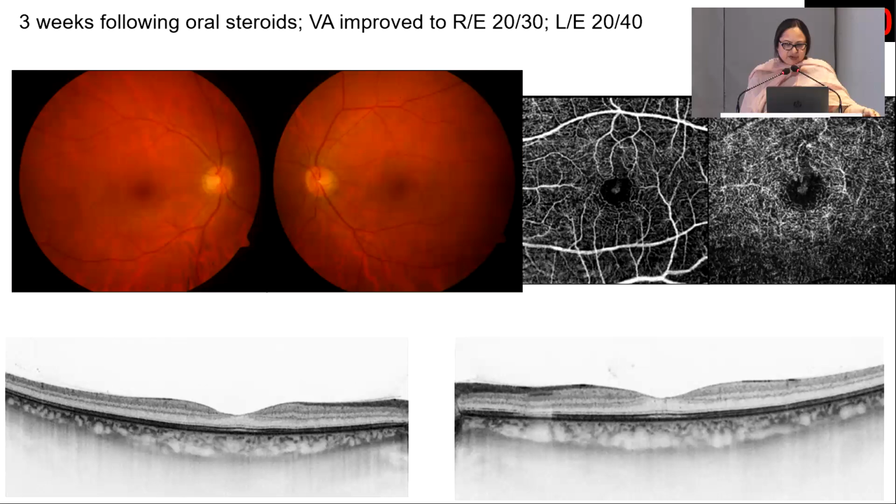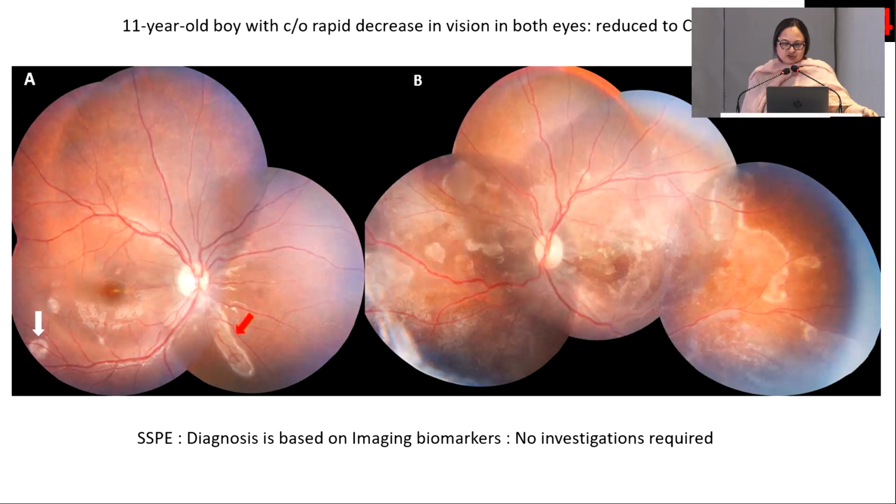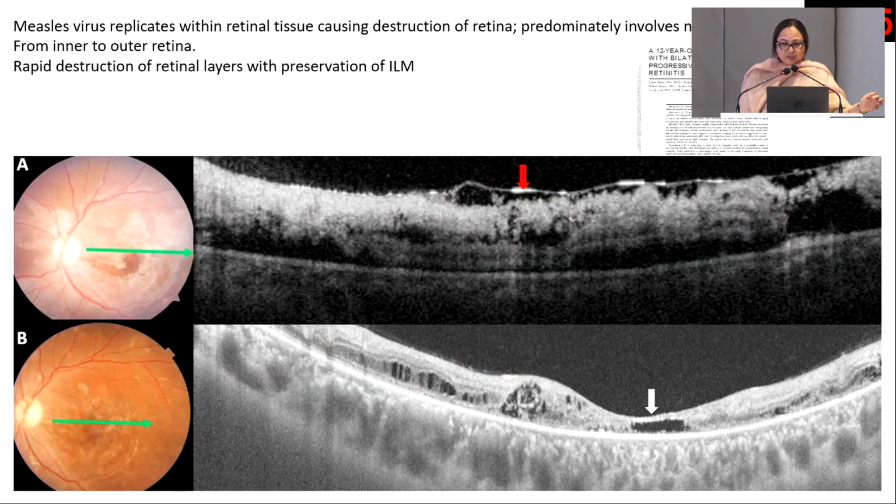We have published this, which I'm not going to go into, but these are the patients who respond to steroids with restoration to normal. Another important sign, and this is very important, is the ILM drape sign. This is an 11-year-old boy who comes with decreased vision in both eyes, reduced to counting fingers, with very rapid onset, and it's very dramatic.